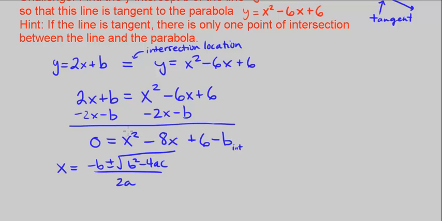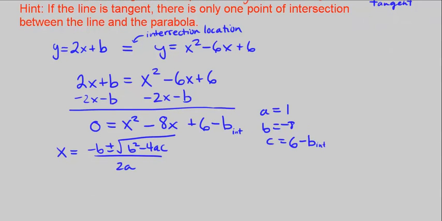In the quadratic formula we're using, a is the coefficient in front of x squared, which is 1. B is the coefficient in front of x, which is negative 8. And c is the constant without the x, so here that's 6 minus b int. I'm calling it int again because it's a different b than the quadratic formula's b.